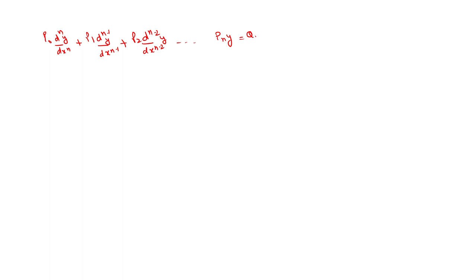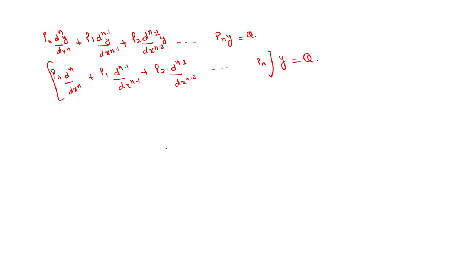Now we have to write this differential equation in symbolic form. So how can we write it down? Y can be taken as common, so this is equal to Q.